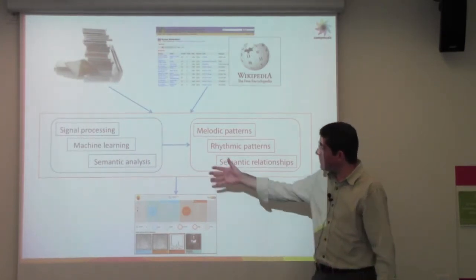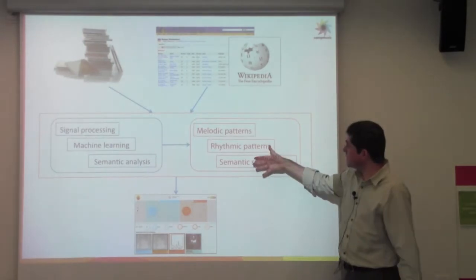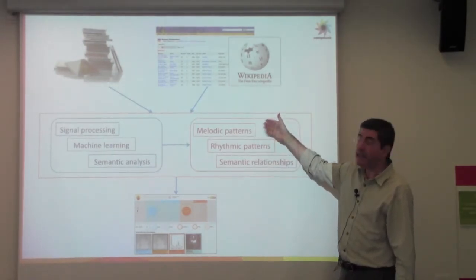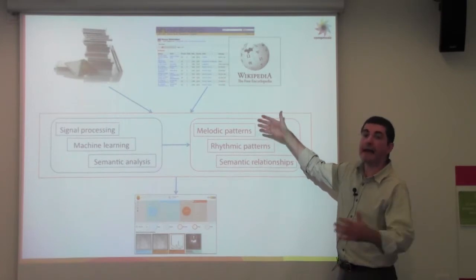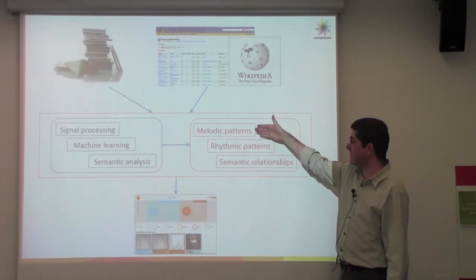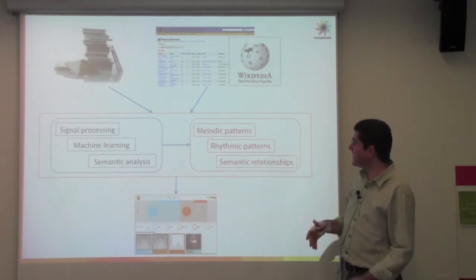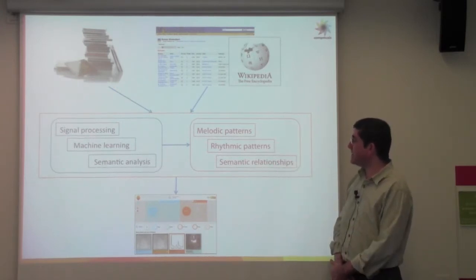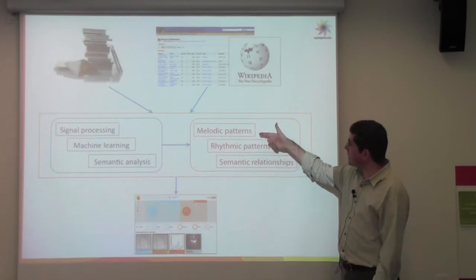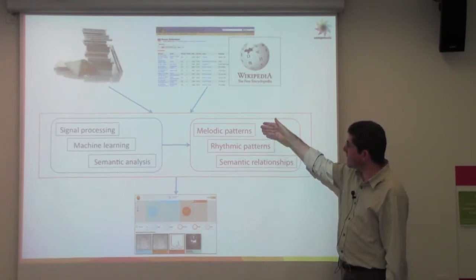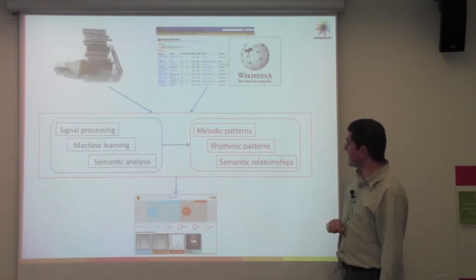And the specific problems that we are working on are these ones. One is understanding melody and understanding the patterns that we can find in a melody. The other is about rhythm and understanding the rhythmic patterns. And this is the part that will later be talked about by Ajay and Sankalp.